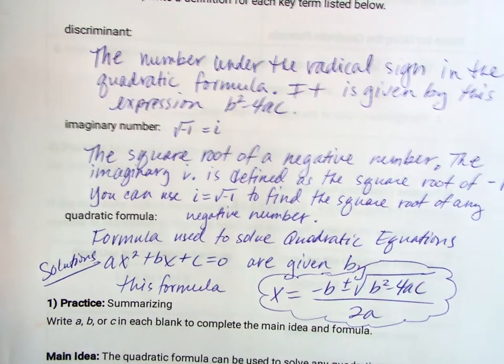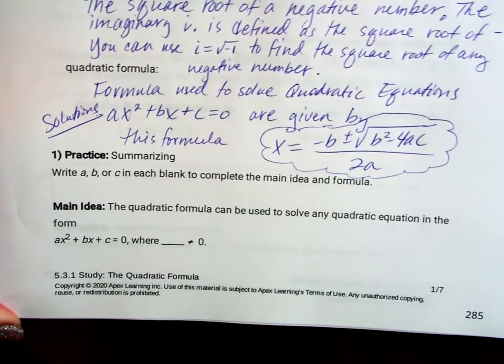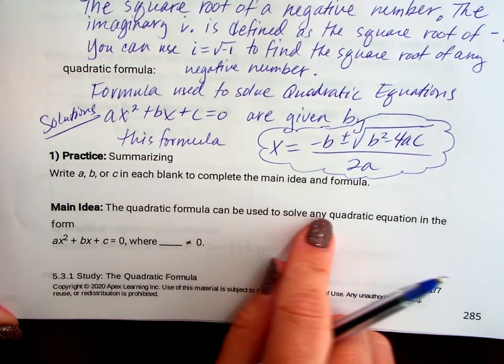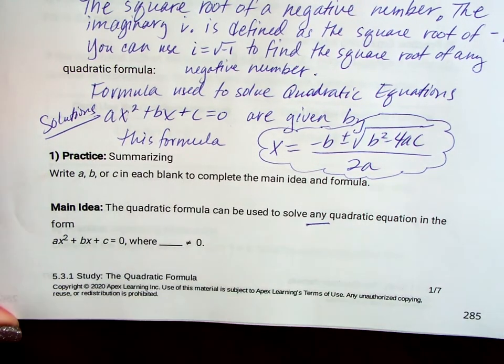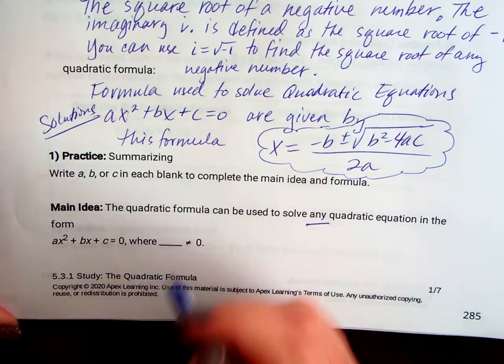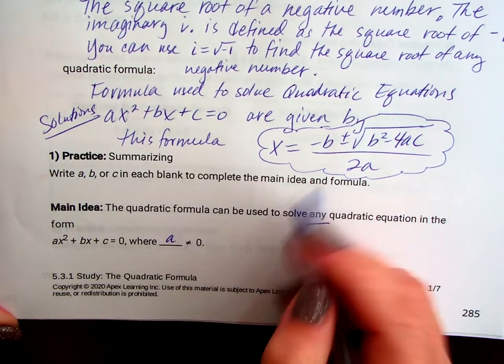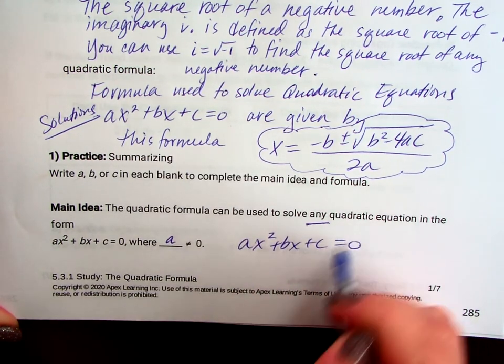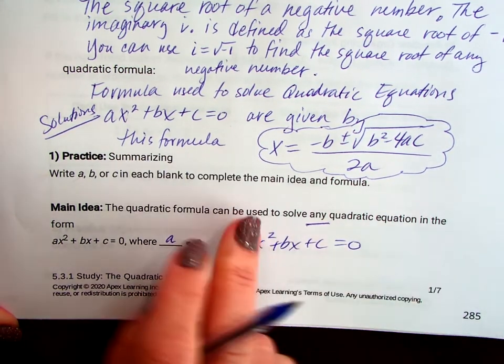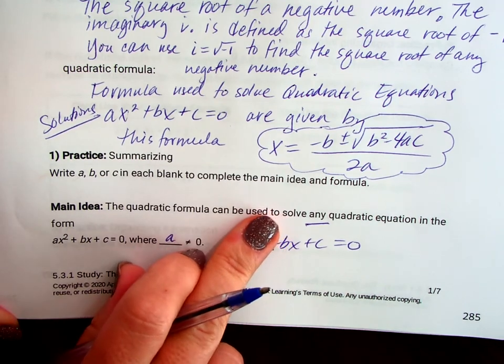Okay? So let's take a peek down here. The main idea. The quadratic formula can be used to solve any quadratic equation in this form where a is not equal to 0. So if a were to be equal to 0, can you see how the 0x squared would just make it a linear equation.